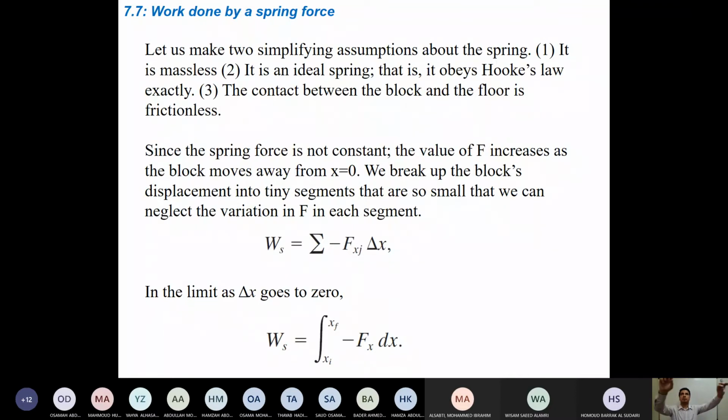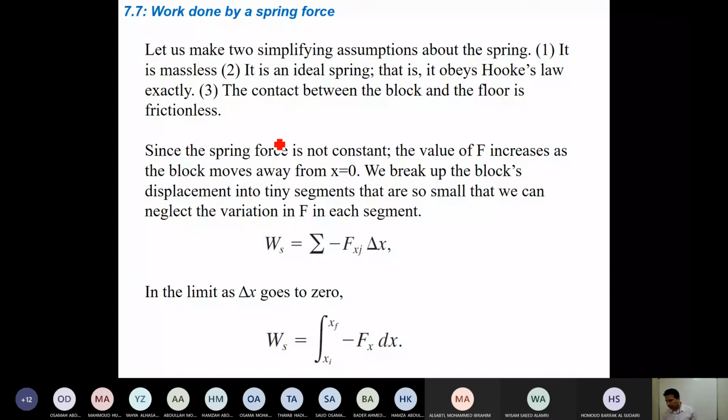You may have seen some springs that you stretch beyond a certain limit and they never come back. It will not be that situation. The spring will come back to its original position all the time you disturb it, so it obeys Hooke's law exactly. The third is that the contact between the block and the floor is frictionless, which is true only for this chapter. Later on, we will bring in the friction force between the block and the surface. But for this chapter, we consider the surface frictionless.